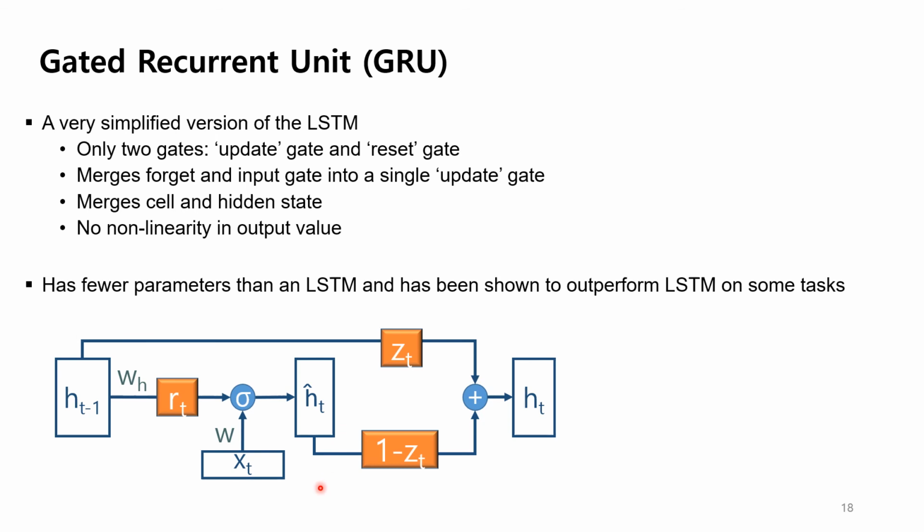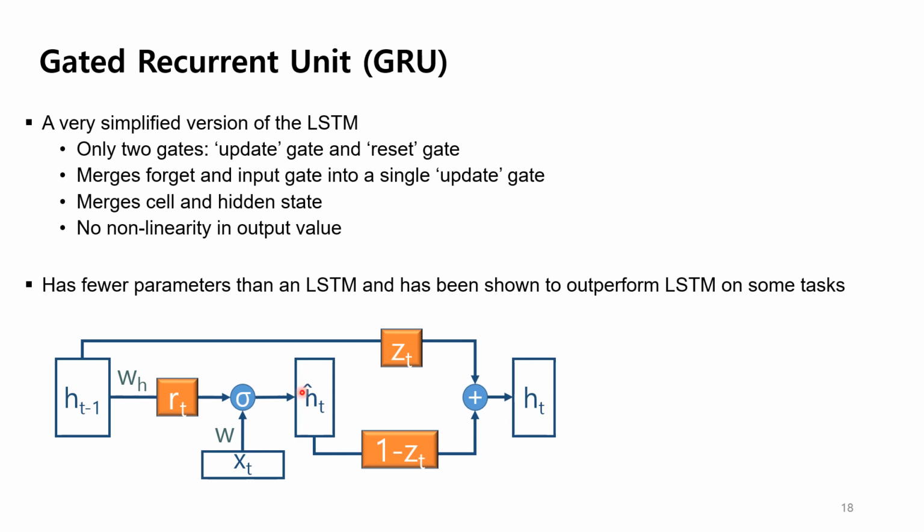But if this reset gate is 0, then the previous value is gone, and you simply use the input data only and compute this. So depending on this reset gate value, you compute the next hidden node value.